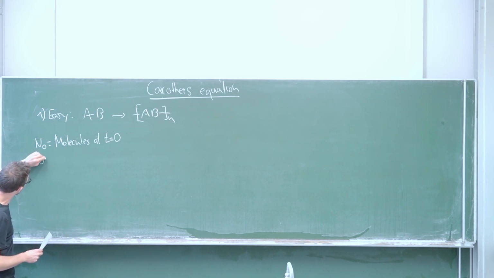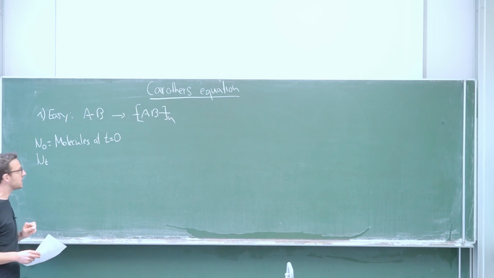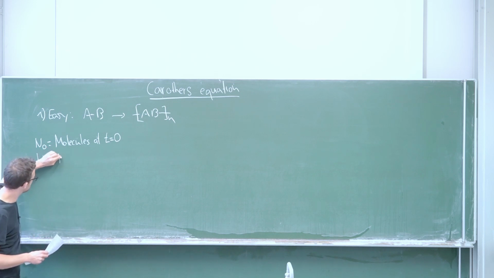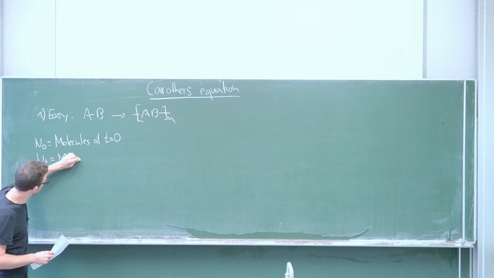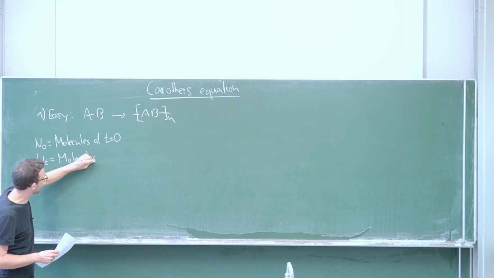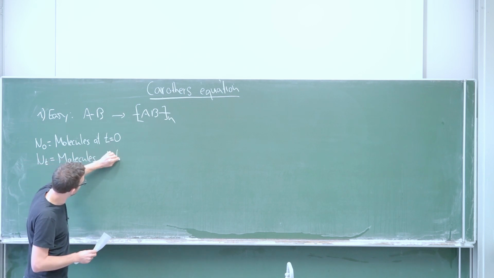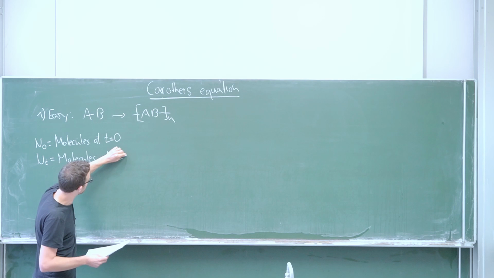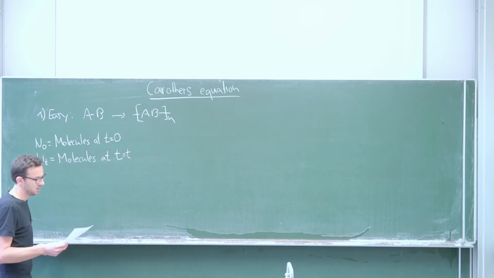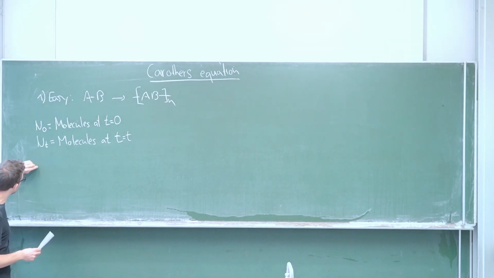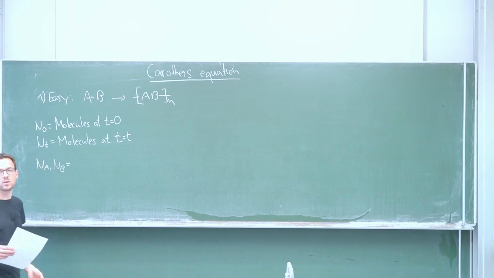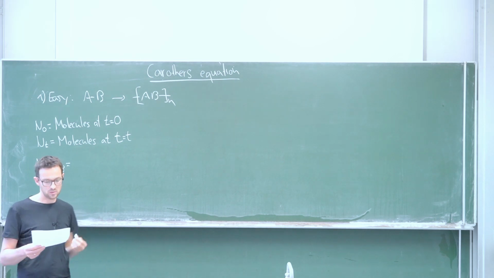And capital N subscript T are the molecules, and in this case this can already be polymers, so the total amount of molecules at a certain time T equals T. Okay, and then something that we do not need right now, but what we will need a little bit later, Na and Nb will be the numbers of functional groups A and B.